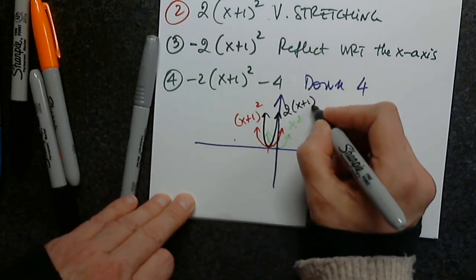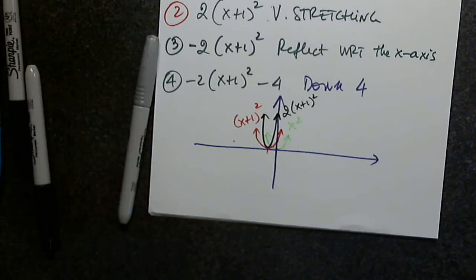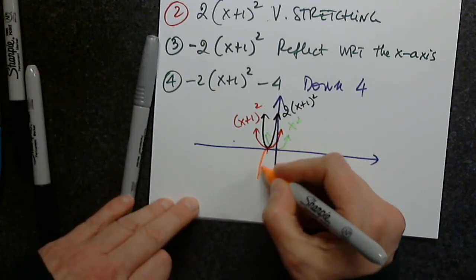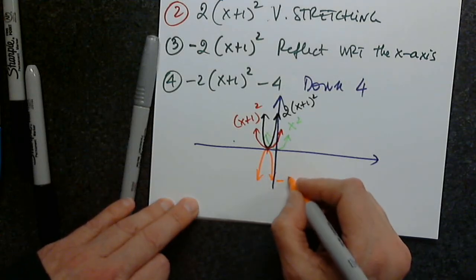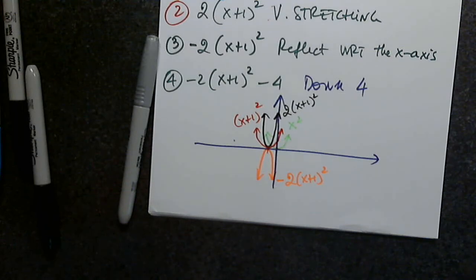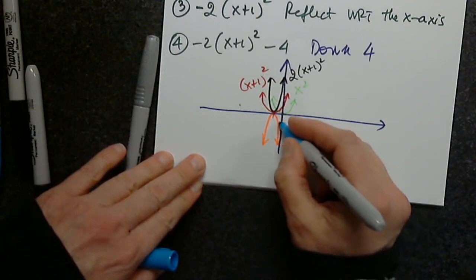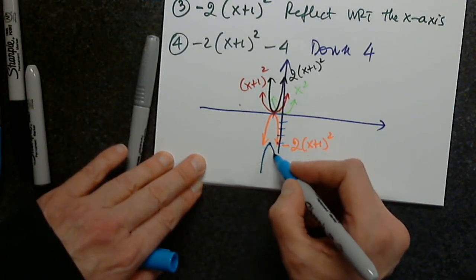Twice x plus 1 squared. Then you told me to reflect it. Fine, I will reflect it. So this is negative 2 x plus 1 squared. Finally, you told me to move it down 4. Okay, I'm moving it down 4.